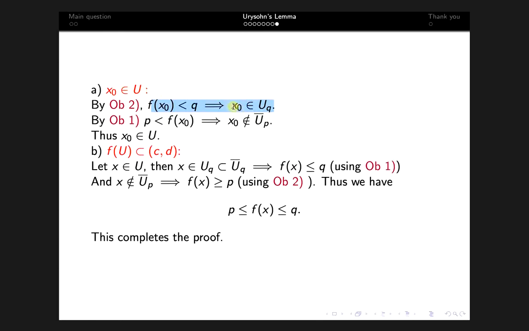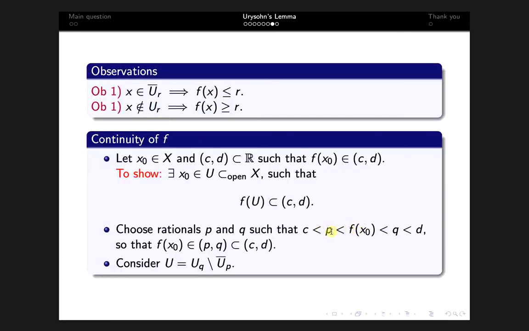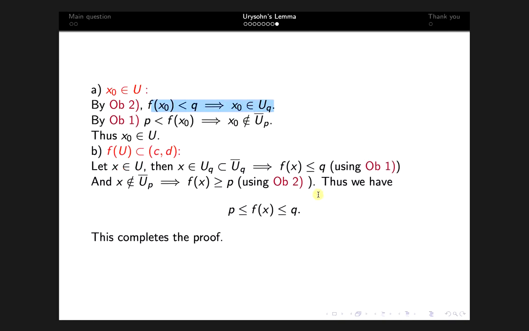So already we have shown that x naught belongs to UQ. Now we have to show that x naught does not belong to UP closure, because U equals UQ minus UP closure. That follows from observation 1, because f of x naught is greater than P. So P is less than f of x naught, and this implies x naught does not belong to UP closure.